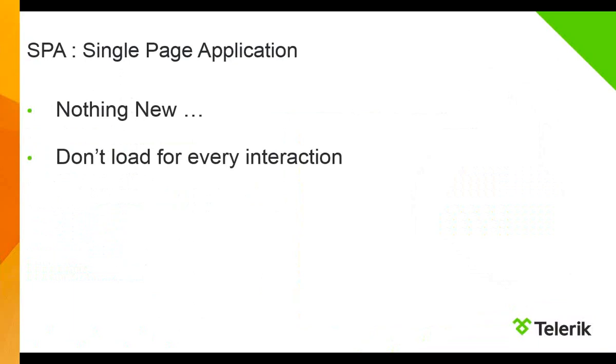Typical websites are built with different pages, so once you click on page number 2, if you are in Web Forms, you will go to page2.aspx. If you are in MVC, you will go to route/page2, or whatever route you want to create. So it's a full page reload for that particular request, whereas a single page app is nothing like that.